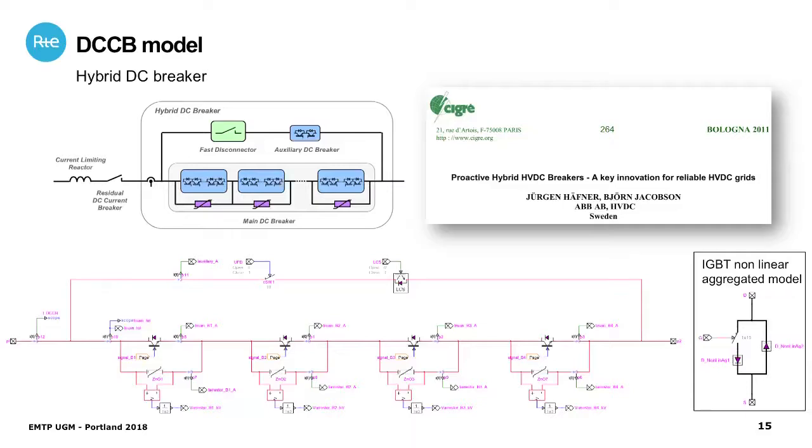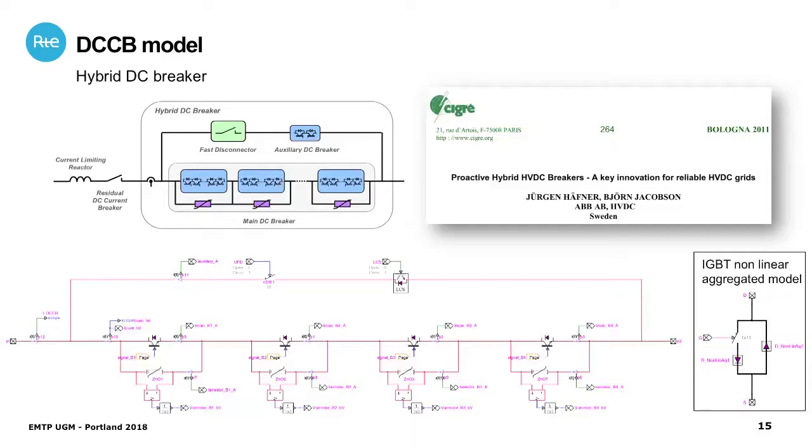branches. In the first one, the top level, you have a fast disconnector and a DC breaker. So the normal path of the current is to go in the upper branch when you don't have any fault and when the DC breaker is closed.